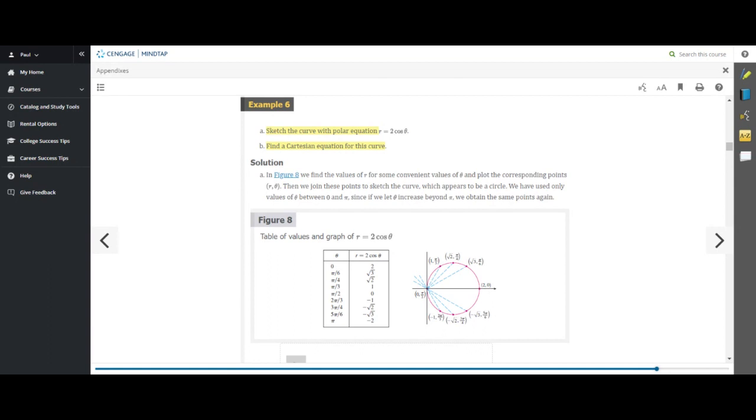And see, you keep plotting points, and what happens is when you're at pi over 2, you're looking in the direction of 90 degrees, that's looking vertically up. Well, the radius is 0 there, and so you're just at the origin. But then when you get to 2 pi over 3, which is 120 degrees, the radius is equal to -1, because 2 times the cosine of 2 pi over 3 is 2 times -0.5, and that's -1.